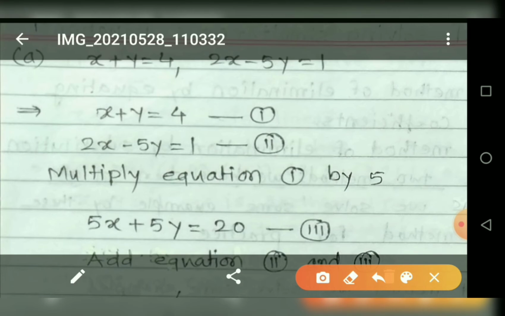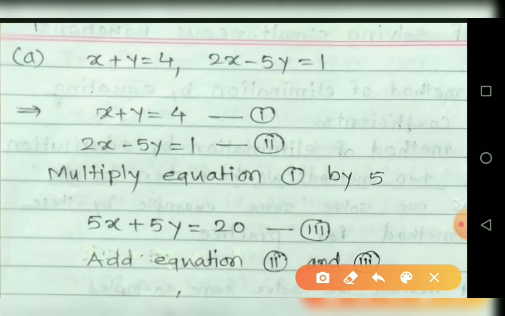In equation 1, the coefficient of y is 1, and in equation 2, the coefficient of y is 5. To make the coefficients of y equal, we have to multiply equation 1 by 5, means all the terms of equation 1 are multiplied by 5.